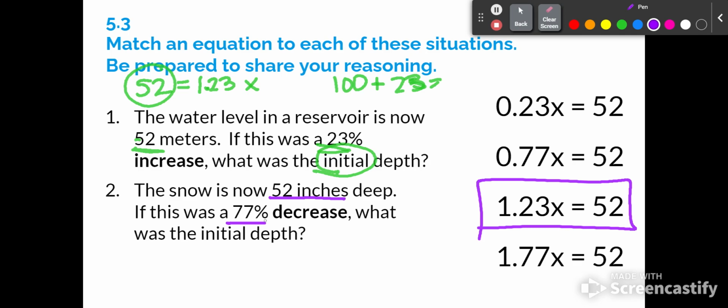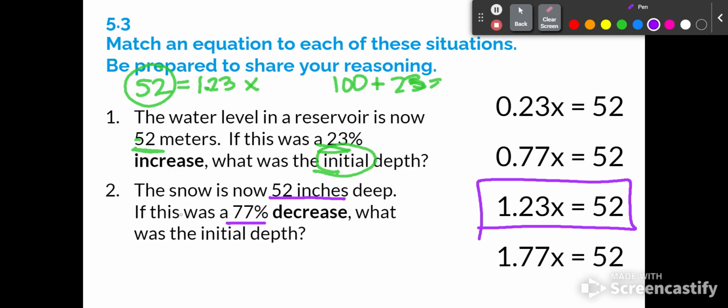Wait. So this is a decrease. This is an increase. Oh my gosh, you guys, I'm backwards.